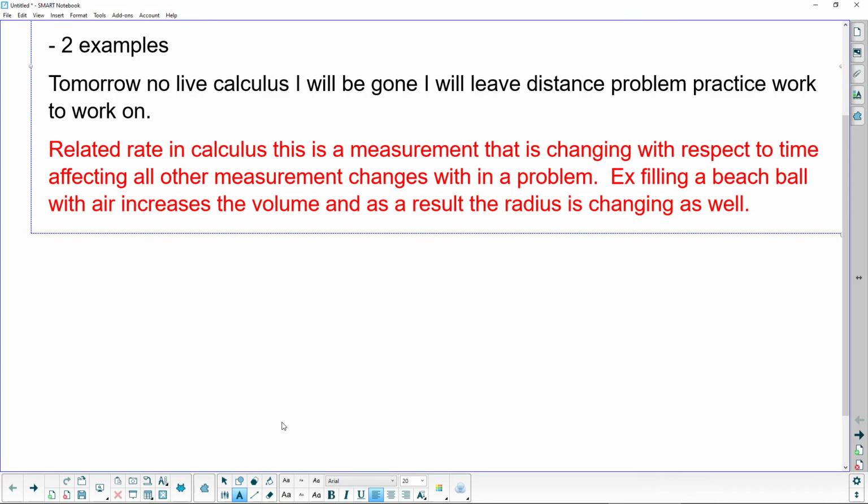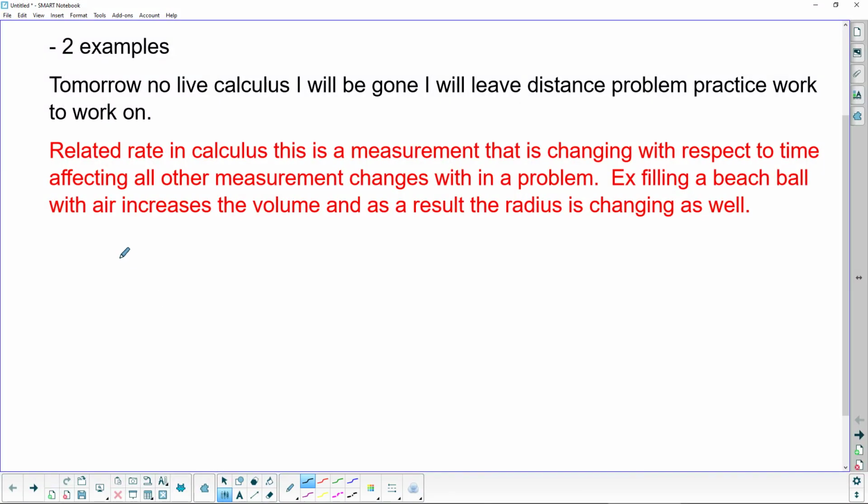So when we do differentials, they're called. So if we're changing area, and we want to get the related rate of area, we just go little dA over dt. This represents the change in area with respect to time.